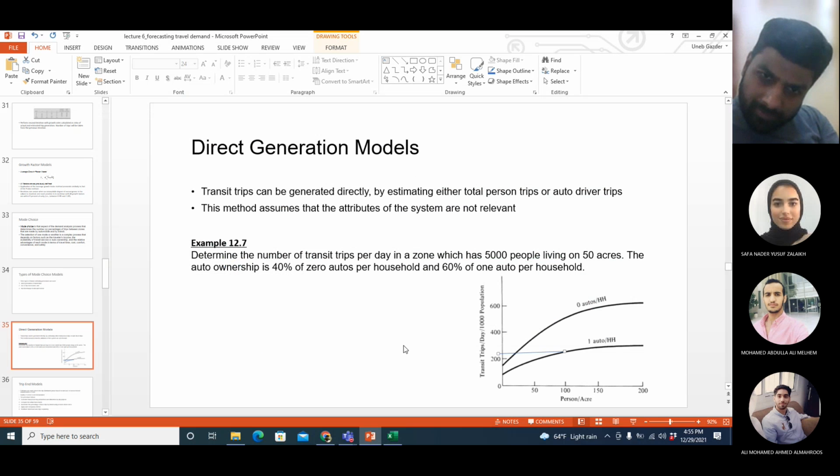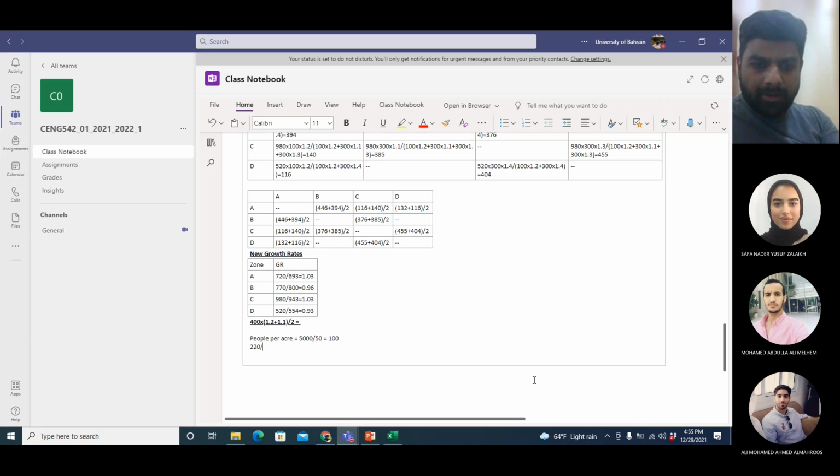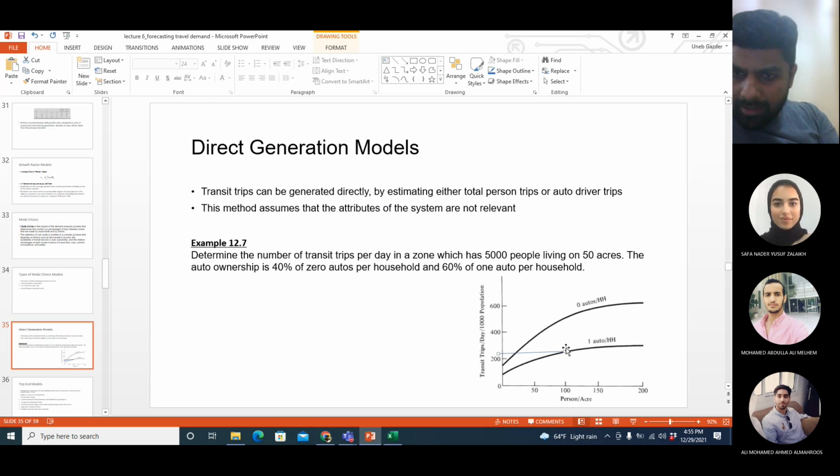Transit trips per day per 1,000 people, so 220 per day per 1,000 people. And then I add the trips for 0 car households, again 100 people per acre.